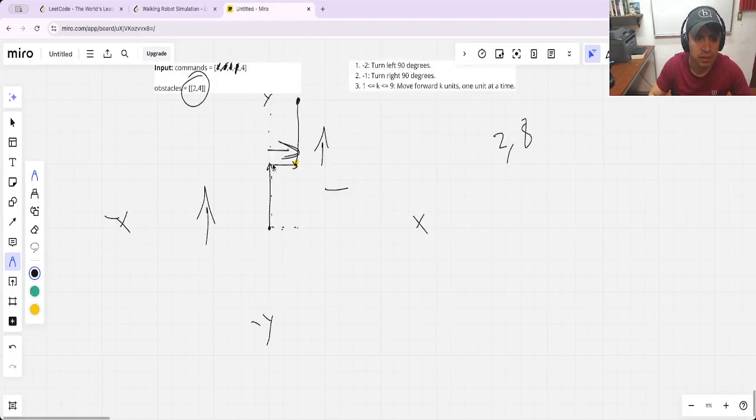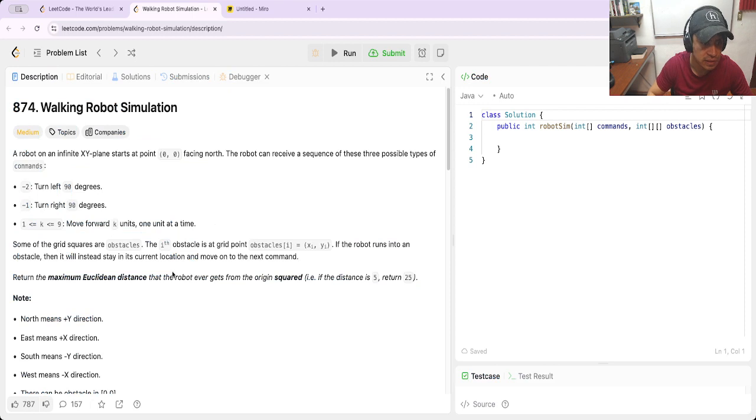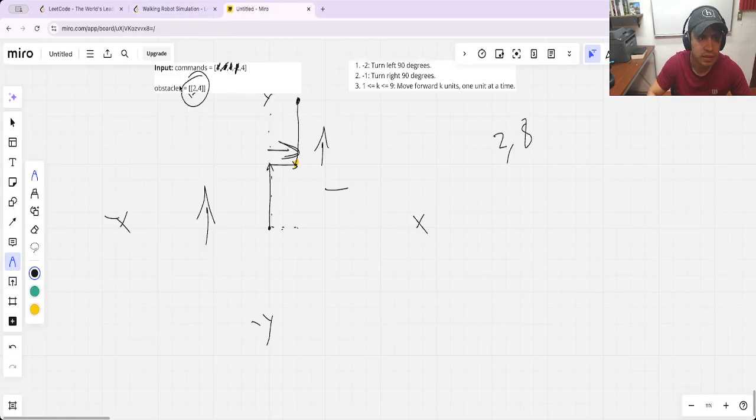Why 1? The first is x, y, x, 1, 2, and y here. No. The obstacle should be x 2 and 4.